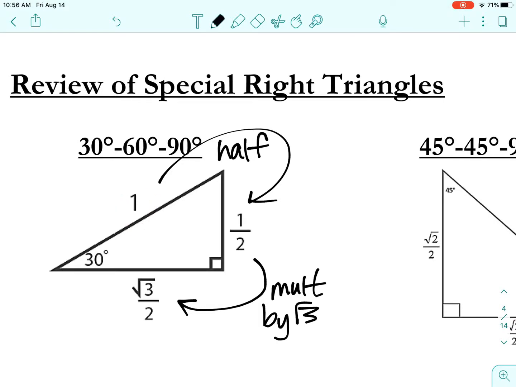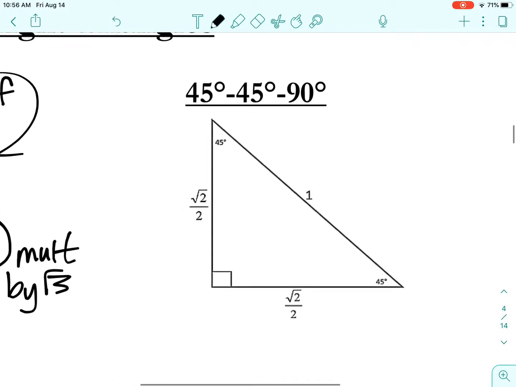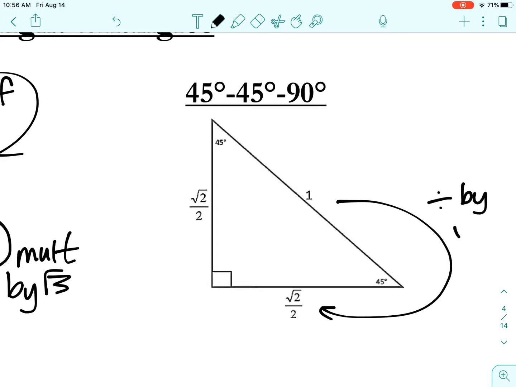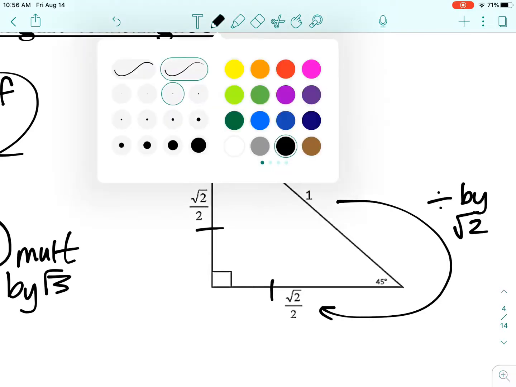Let's talk about the 45, 45, 90 triangle. Remember the hypotenuse is still 1, but if you divide by root 2, that's how you get the length of the leg. And remember, this leg is the same as this leg because it's an isosceles triangle. Or if you have this side and you multiply by root 2 and simplify a little bit, you get 1. I just want to remind you about this rationalizing thing.